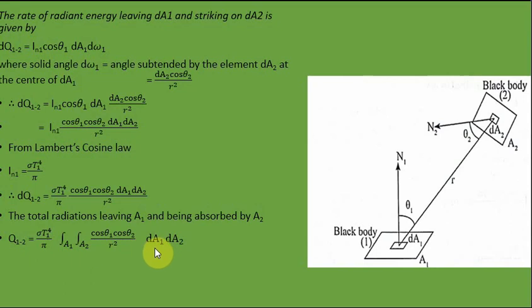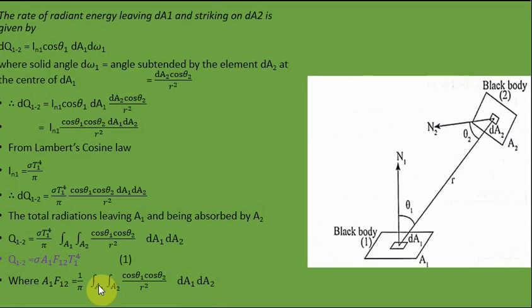So it will be sigma A1 F12 T1⁴, where A1 F12 is written as 1 by pi integral of A1 and A2 and these remaining terms.